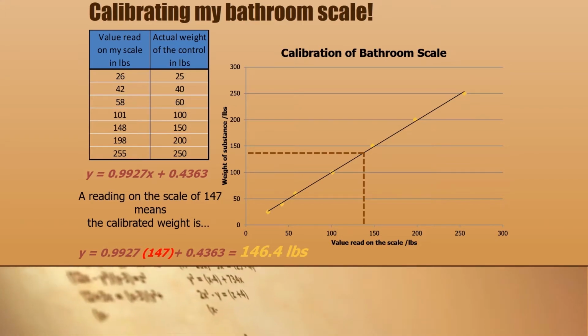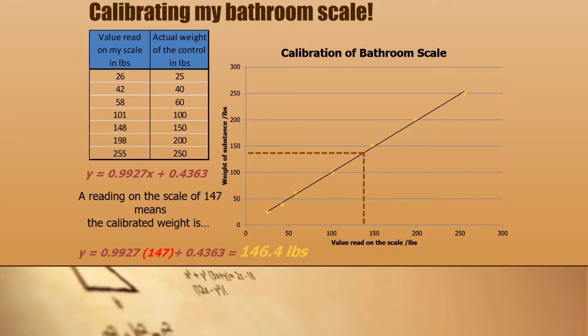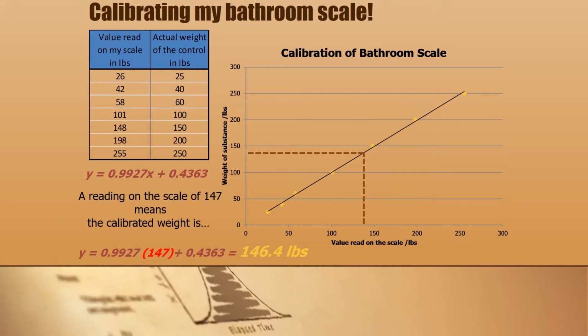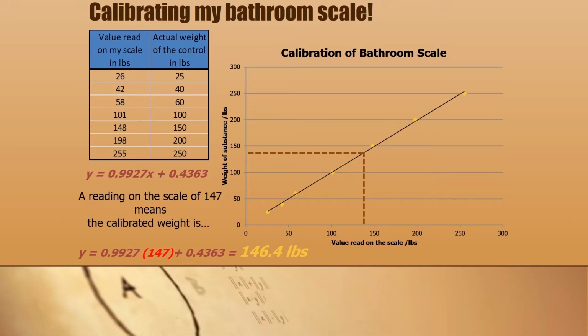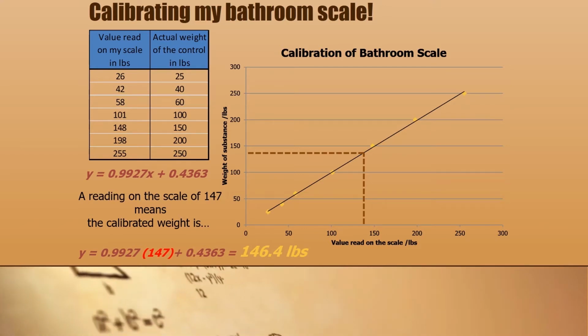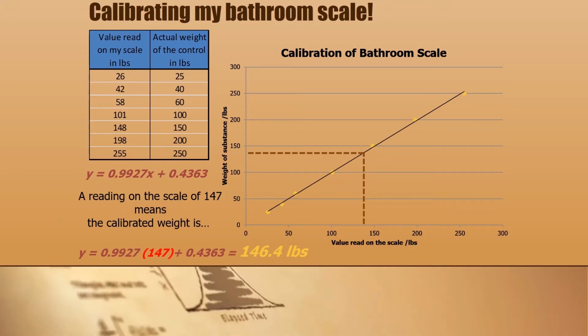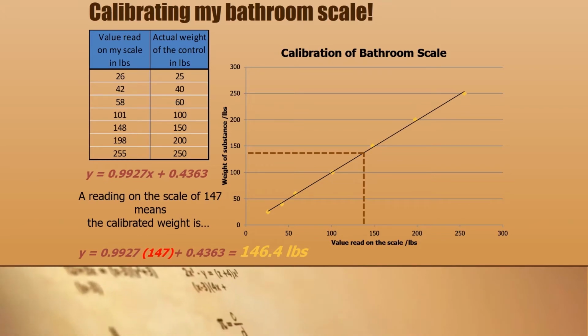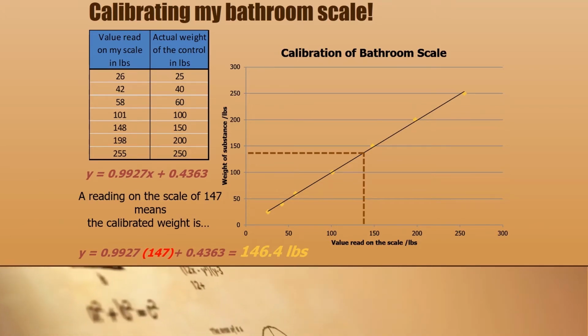Using both methods, we see that our 147 measured value on the scale actually correlates with an actual weight of 146.4 pounds. We now can be much more assured that the value we obtained from our scale can be adjusted to be pretty accurate, representing our true weight.